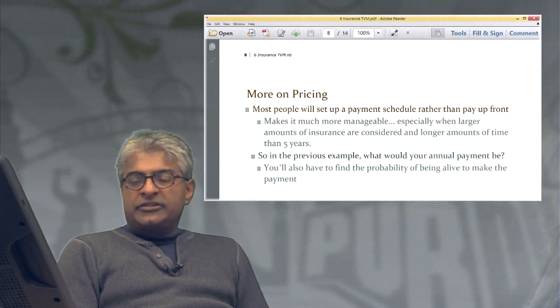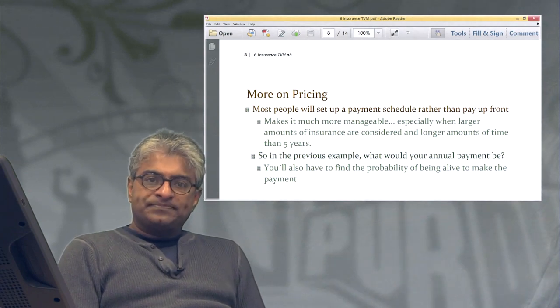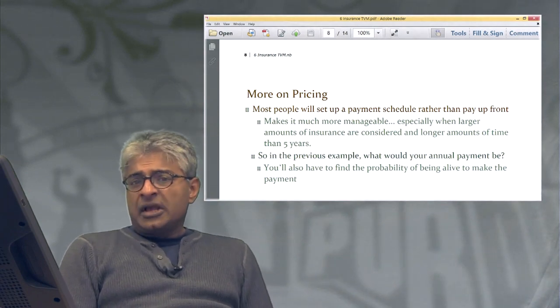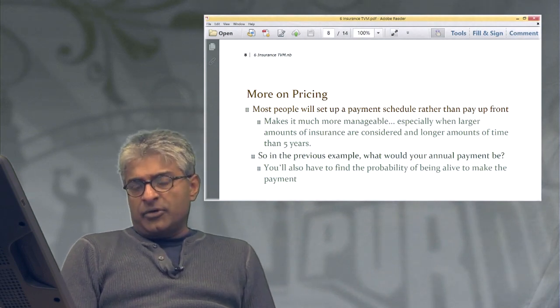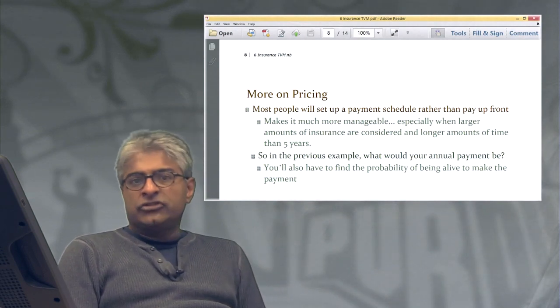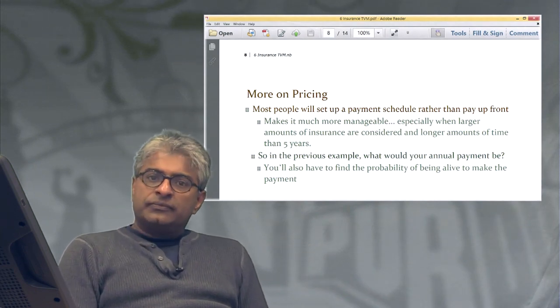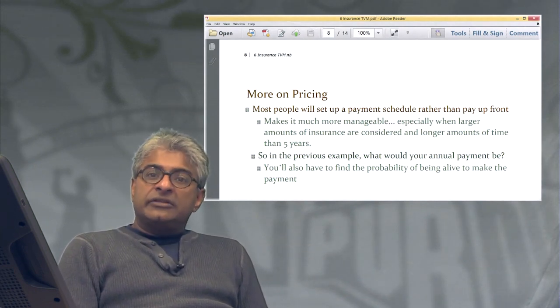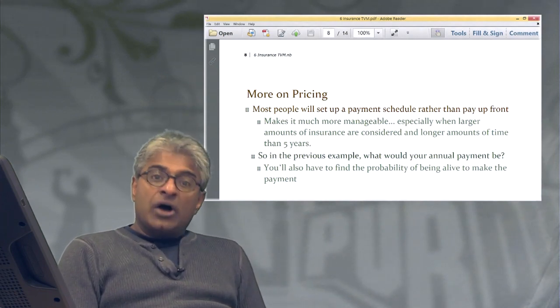In the example we saw in an earlier video segment, for a $10,000 face value policy, the lump sum payment at the starting point was $107 and change. While $107 is not a big issue, it does become a bigger issue when the face value changes from $10,000 to $1 million.